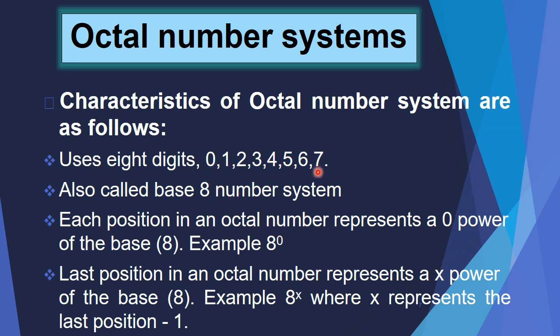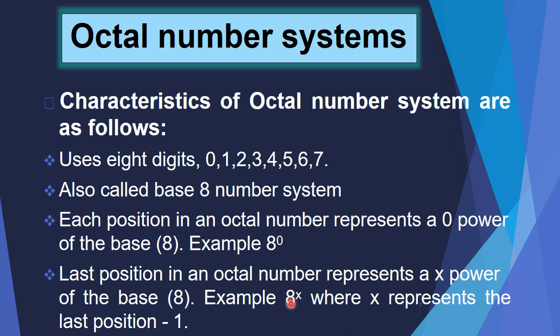And each position in the octal number system represents a power of the base 8. Example over here, 8 to the power of 0. The last position in an octal number represents x power of the base 8. Example, 8 to the power of x.